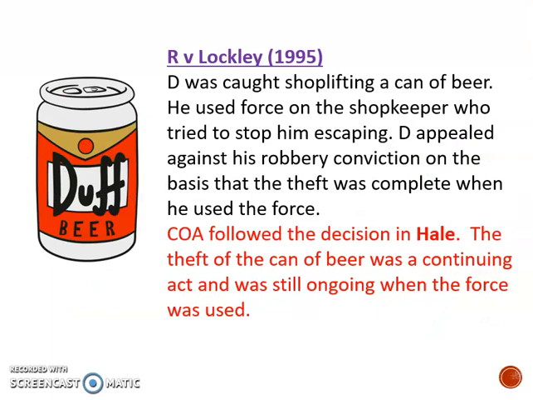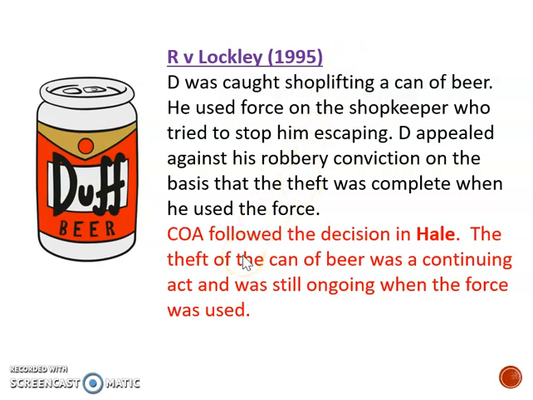Our defendant was caught shoplifting a can of beer. So he'd already taken the beer and was on his way out of the shop when he then used force on the shopkeeper who was trying to stop him from escaping. So here the force is after the theft. So he's saying he shouldn't be guilty of robbery because the force was afterwards, and the theft was complete when he used the force.